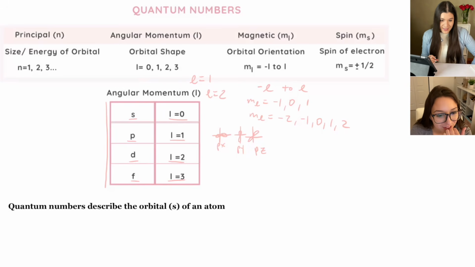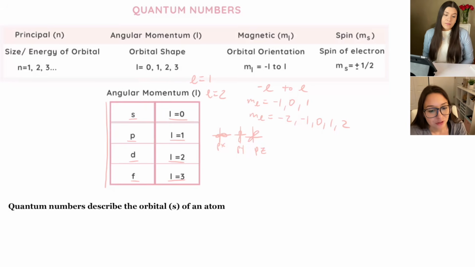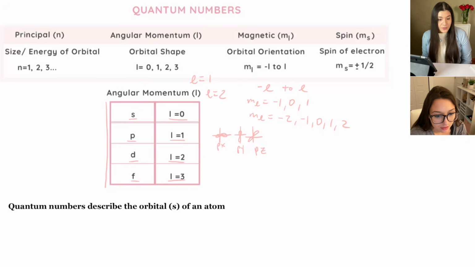Yes. So are they going to ask us to write out that -2, -1? Yes, they are. They're going to ask you to write out all the possible quantum numbers for a specific atom. We'll definitely have plenty of practice of this, but just know that it's always from the negative l value, all the numbers in between, to the positive l value.